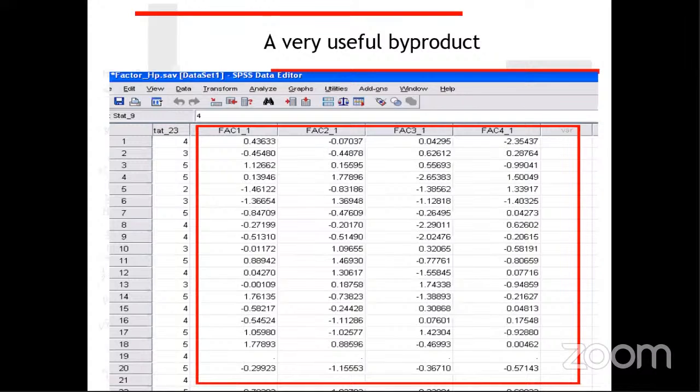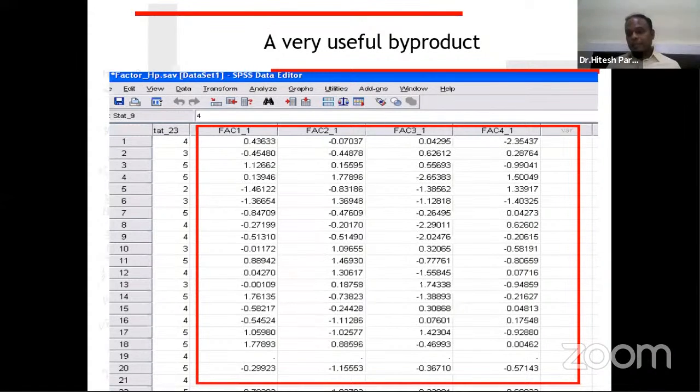How are these scores obtained? There are so many methods in which you can obtain the score. The method that you have selected is the regression method. If you change the method, the score will change. But these are the standardized scores. If you wish to have an unstandardized score, then the method is slightly different.